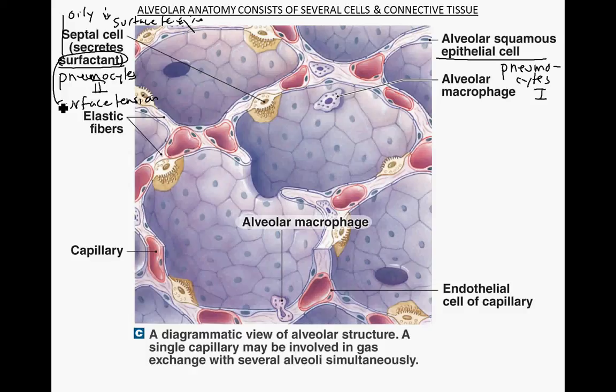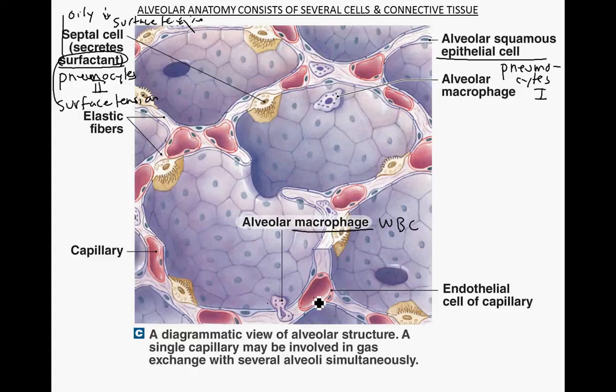Another type of cell in there are these macrophage cells, and these macrophage cells are white blood cells that are able to, as you can see, migrate from the air spaces, through the connective tissue, and then get into a capillary.